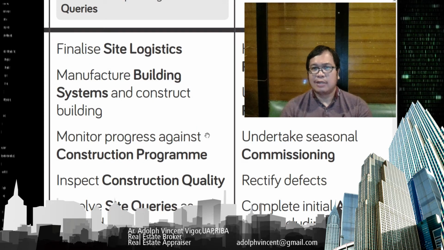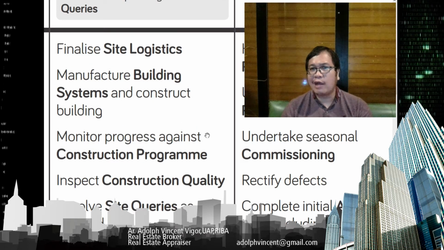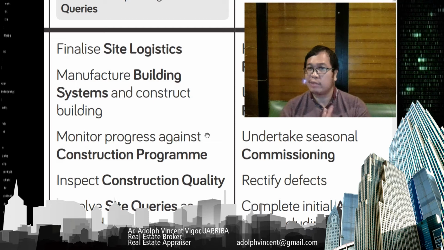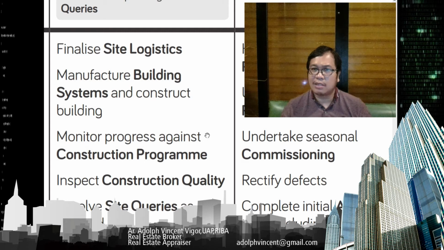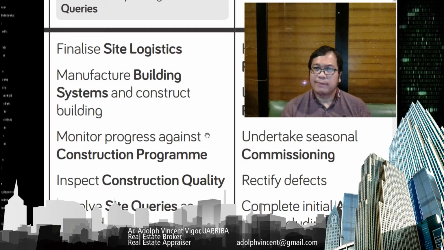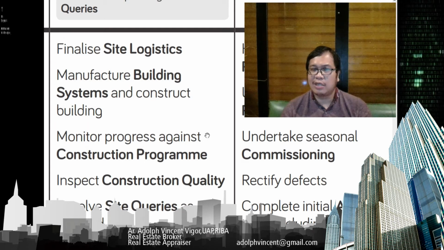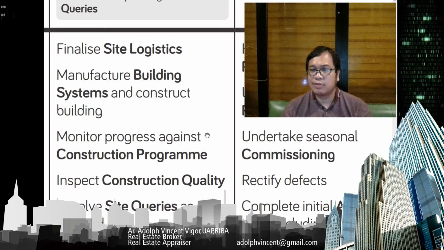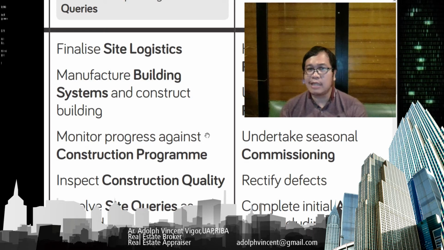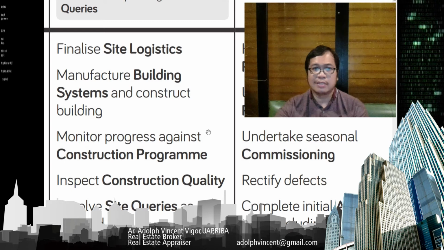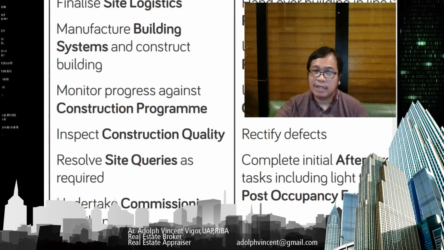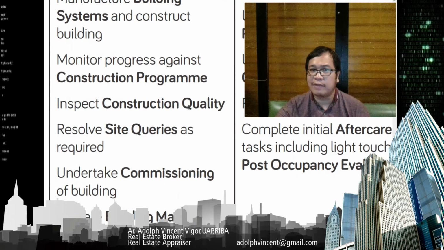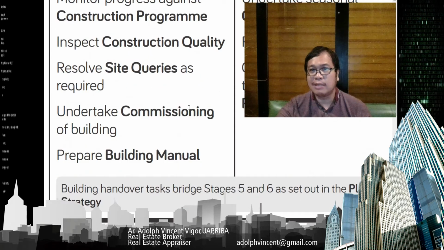When you say construction quality, you have to make sure that the right materials are used, the columns are straight and plumb, and there are no issues with the systems installed at the site for big projects. Then resolve site queries as required, undertake commissioning of the building, then prepare the building manual.